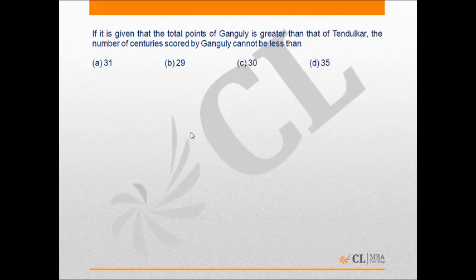So we need to minimize the number of runs scored by Tendulkar, which has to be more, and which is also more than 10,000. So the minimum runs scored by Tendulkar has to be 10,001.